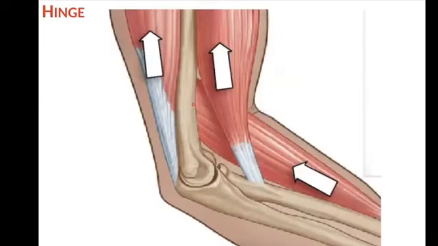All right, so there's a couple different types of joints, and they're going to come up in our major ones, like the elbow, shoulder, knee joint and hip joint. One of these is called a hinge joint, and this is basically like the hinge of your door. It moves in basically one plane. This is your elbow joint. When this muscle contracts, you can't really do too much except move in an anterior-posterior direction.